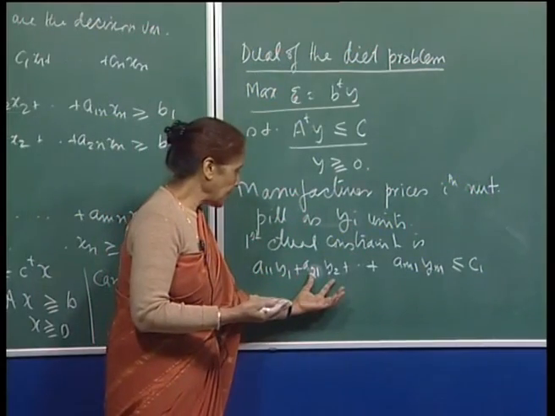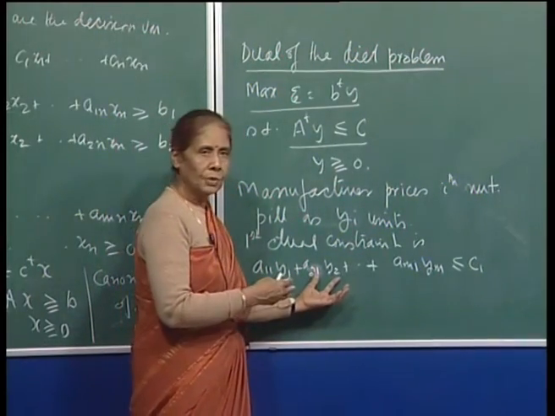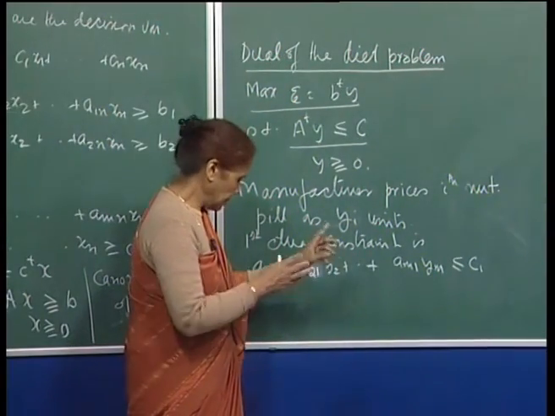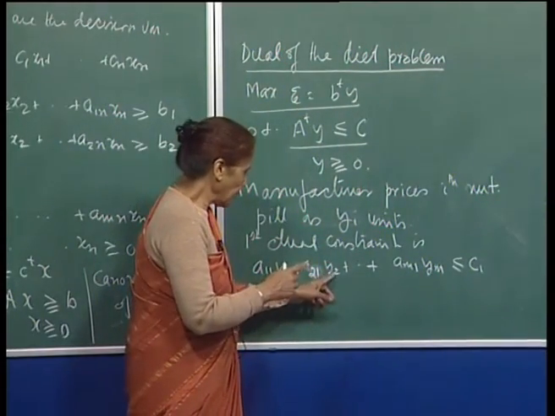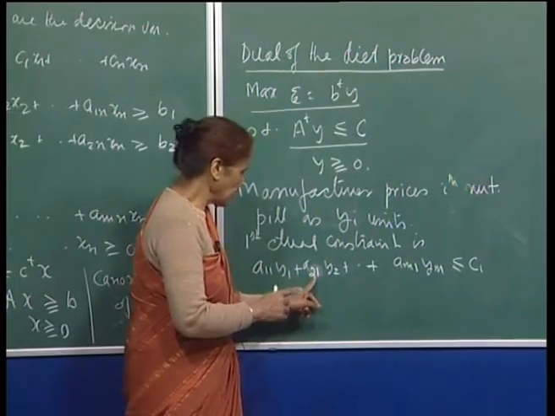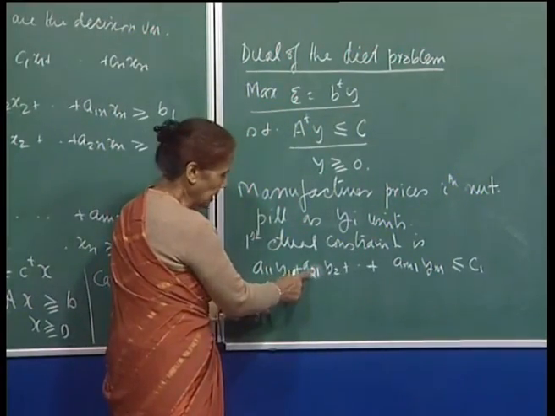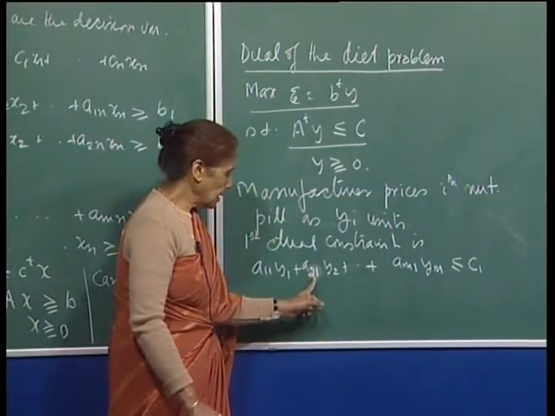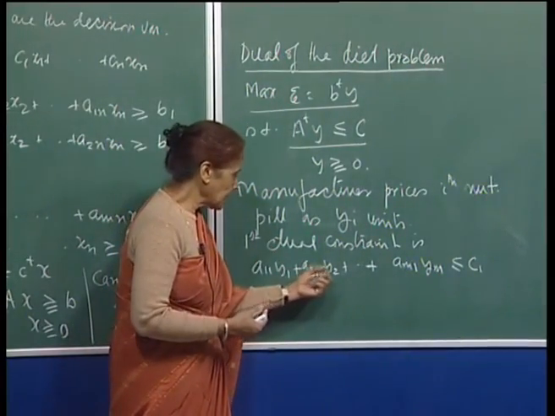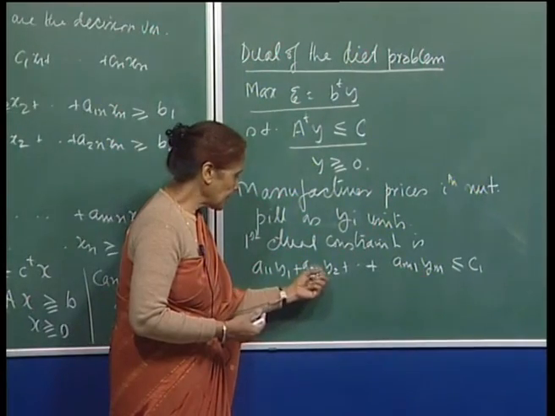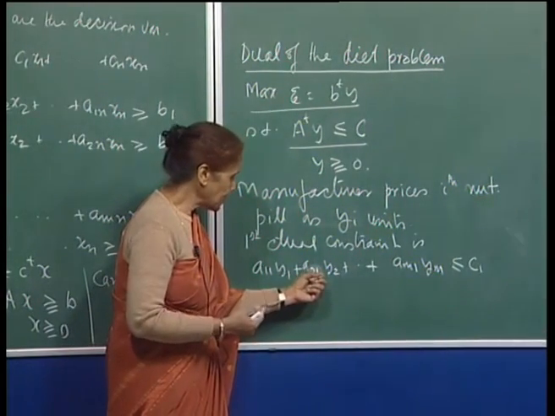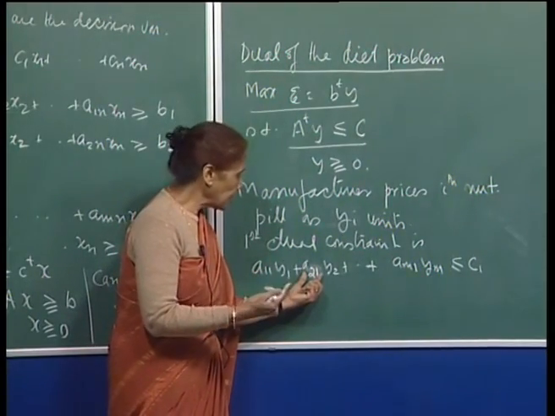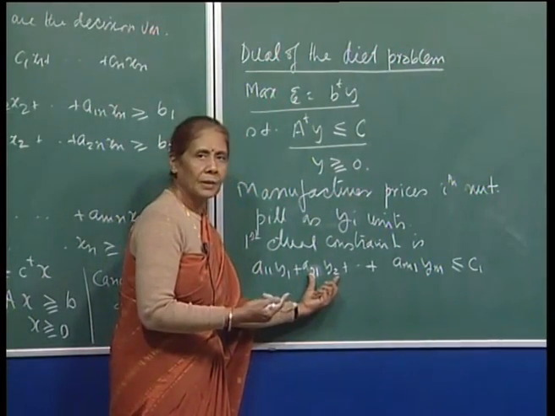Then A21 y2 is coming from the second nutrient; the first index refers to the nutrient. So, the second nutrient present in the first food is A21 per unit of the first food.